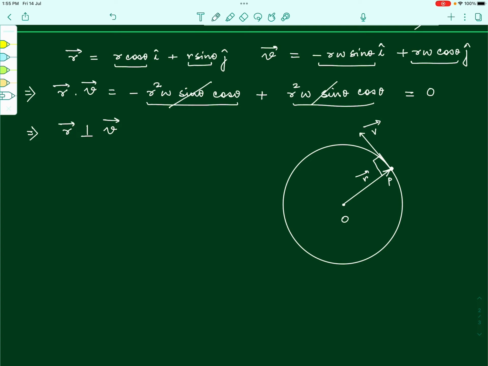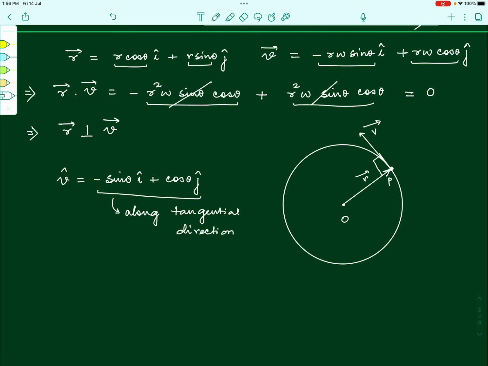And that also makes us understand that the unit vector v that we have written above, which was minus sin theta i cap plus cos theta j cap, this vector is actually pointing in the tangential direction. So, it is a tangential vector, or along the tangential direction it points, right.